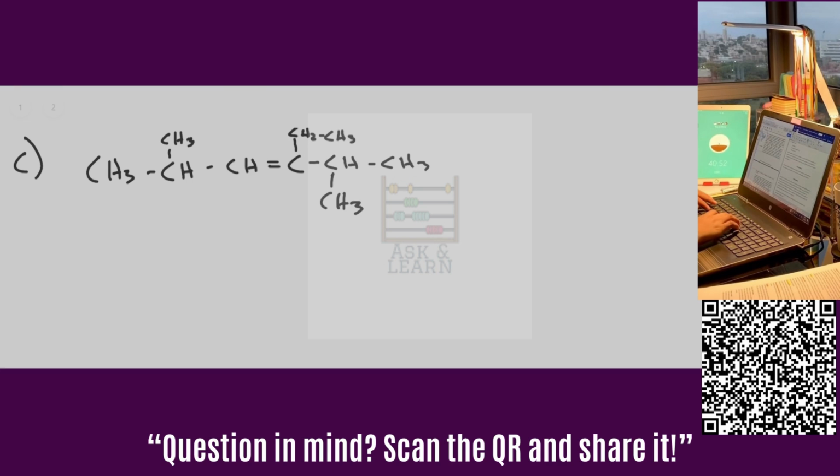So we want to first start by identifying the longest carbon chain and naming it. So we see we can go from here to here, and we have a 6-carbon chain, so hexene because of the double bond. So we want to figure out which direction we're going to number the chain in.